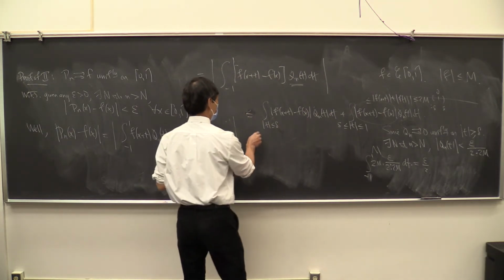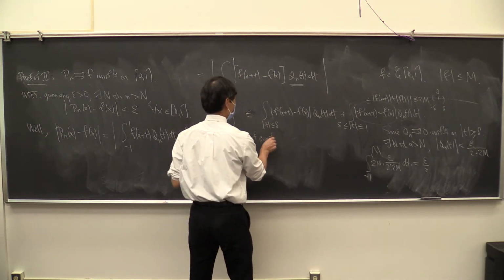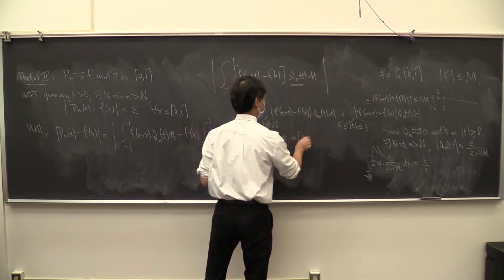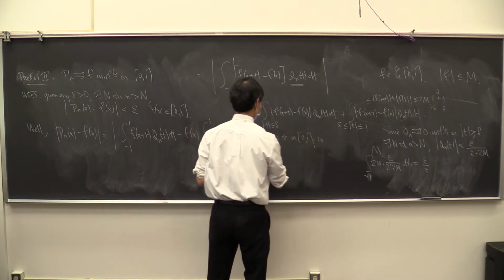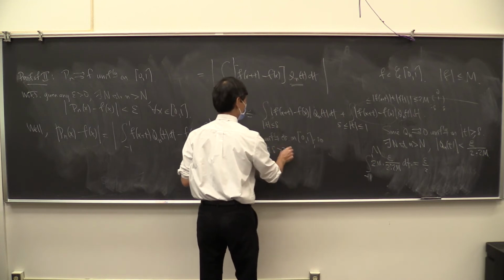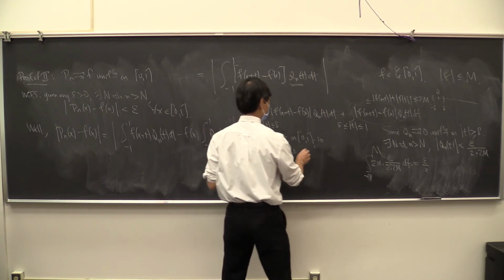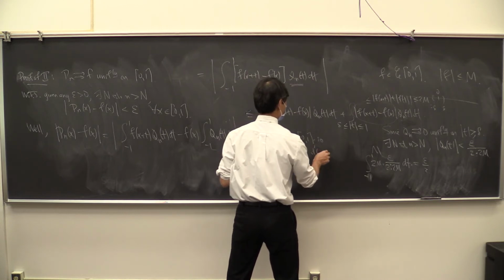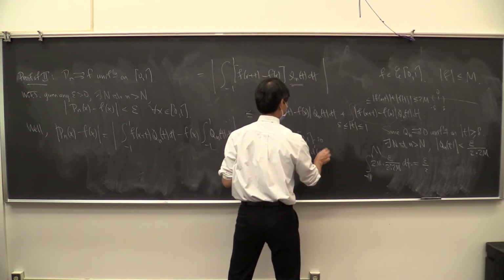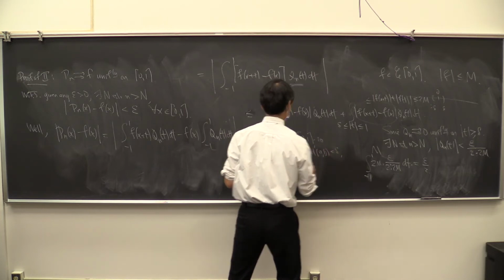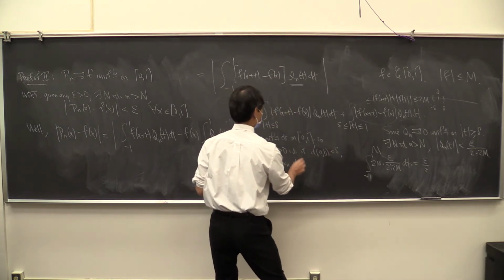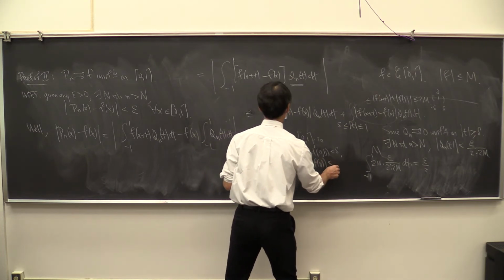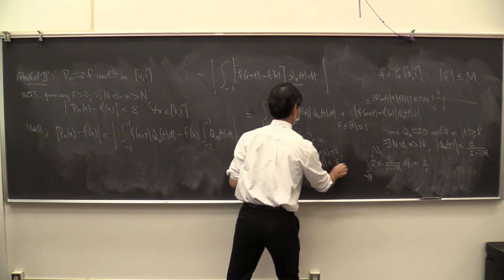So f is uniformly continuous on 0, 1. So we know that there exists a delta such that if the distance between 2 points, A and B, is smaller than delta, then the distance between f of A and f of B is smaller than epsilon over 2.